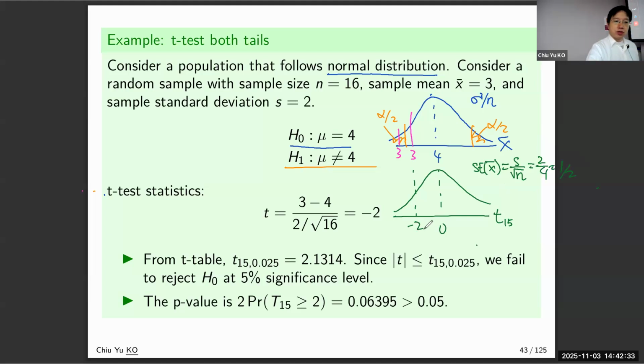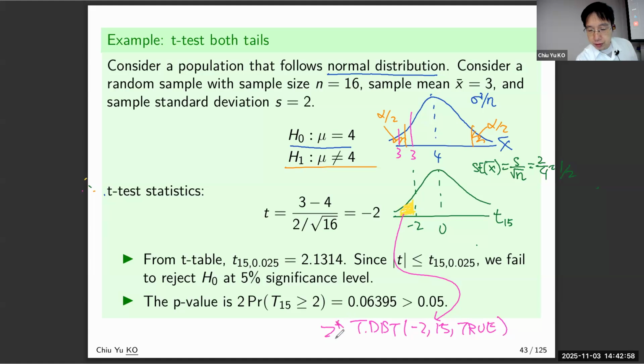Again, this is -2. So what you do is look at this area and multiply by 2, and that will be the p-value, right? So it will be the t distribution with 15 degrees of freedom at -2.